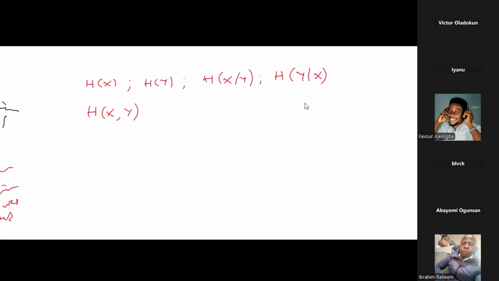And this also we can derive. We'll try to derive one, and then we'll leave the rest for the class to derive.